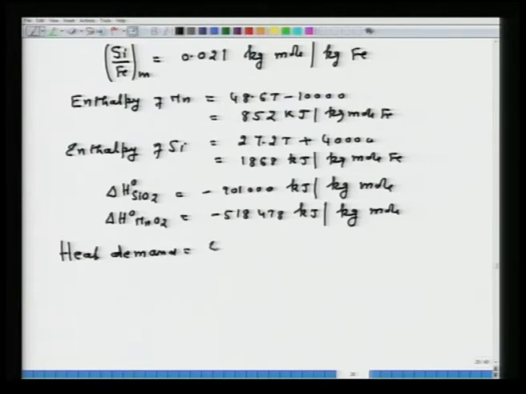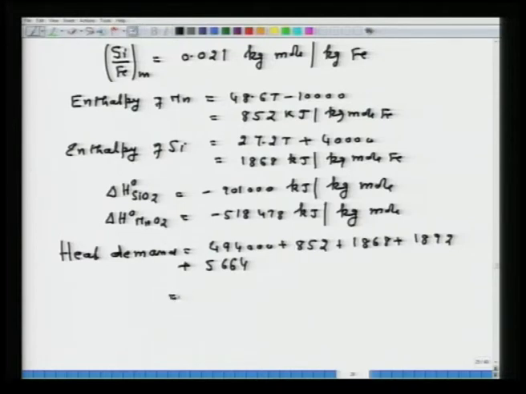That is equal to 494,000 that we have calculated for case B, plus 852 for enthalpy of manganese, plus 1868 for enthalpy of silicon, plus 1892 required heat of decomposition for SiO2 reduction, and plus 5064 for MnO2 reduction to manganese.